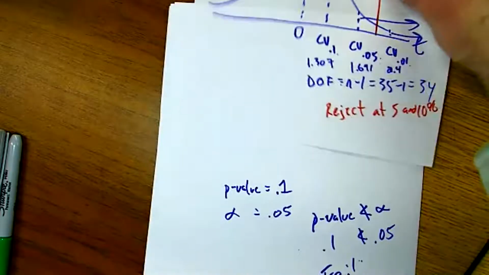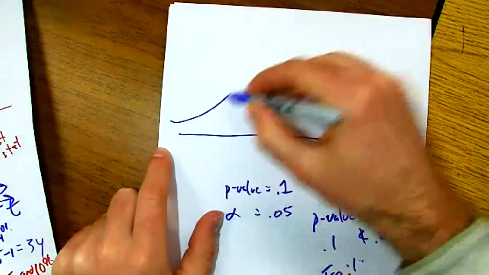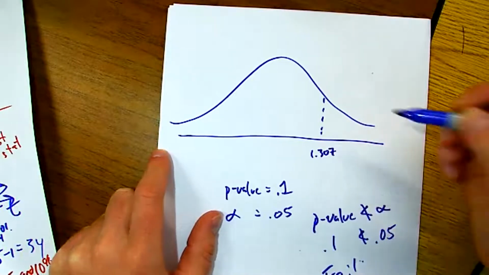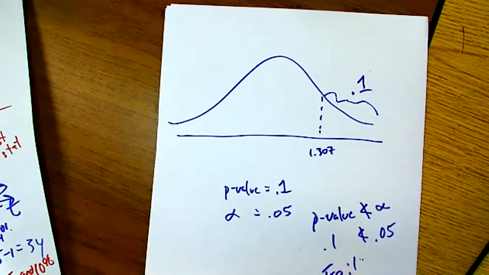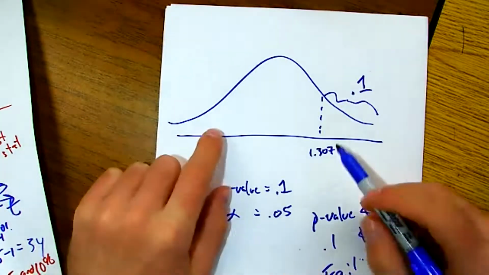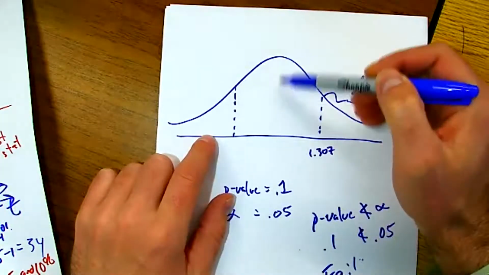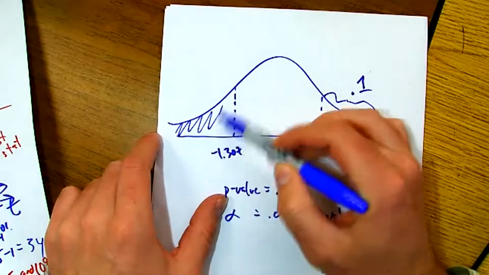With a two-tailed test, remember, we found that test statistic of 1.307, and we know the area to the right of it was 0.1. But if it's a two-tailed test, I could have seen something that was equally as far away from that assumed true difference, but below it, or something even further below it.